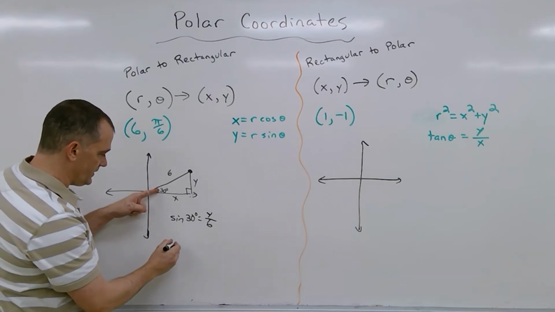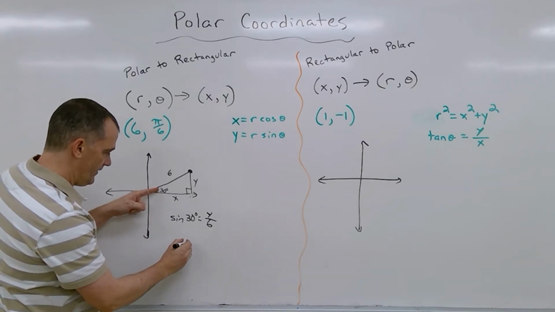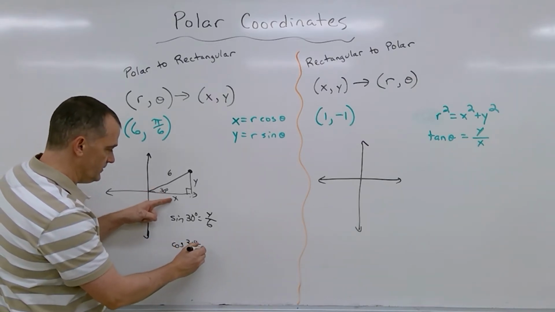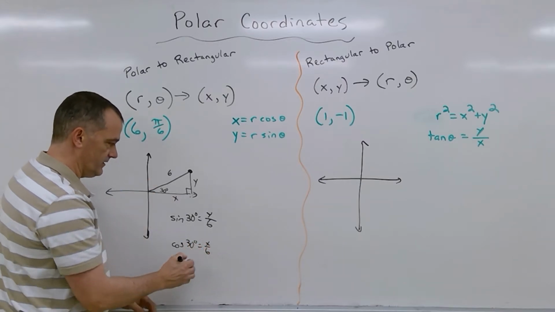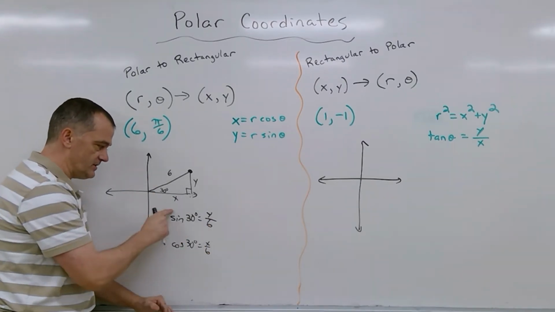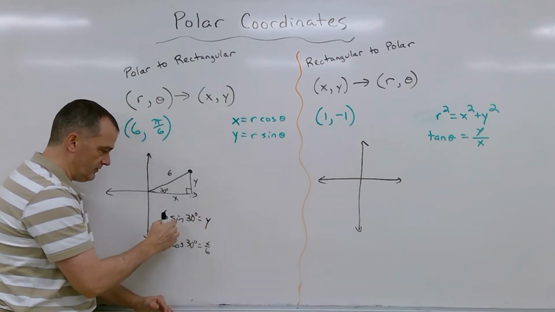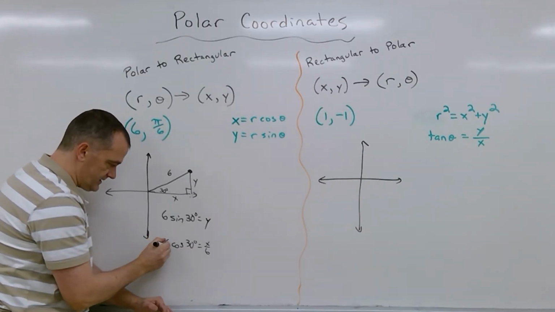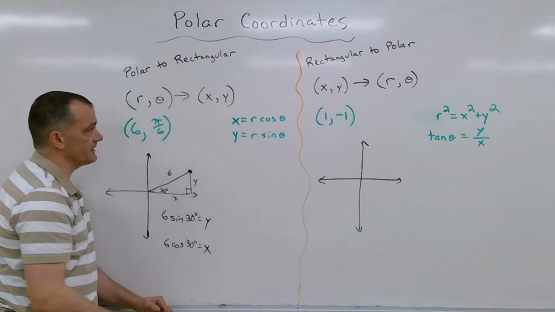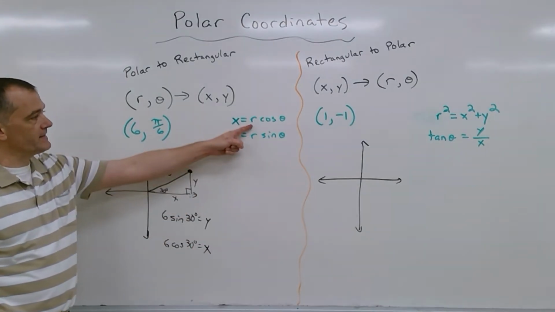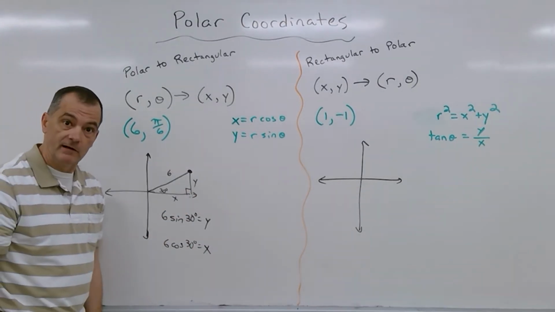And then I can also do the cosine. The cosine of 30 degrees is equal to the adjacent over the hypotenuse. And in both of these cases, if I just go ahead and multiply both sides by 6, I get what my y value is. And if I multiply both sides of this one by 6, I get my x value. And lo and behold, that's exactly what was sitting right here the whole time.